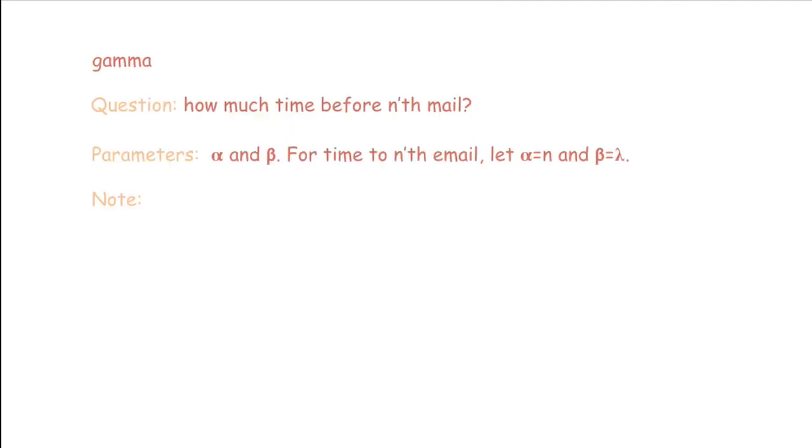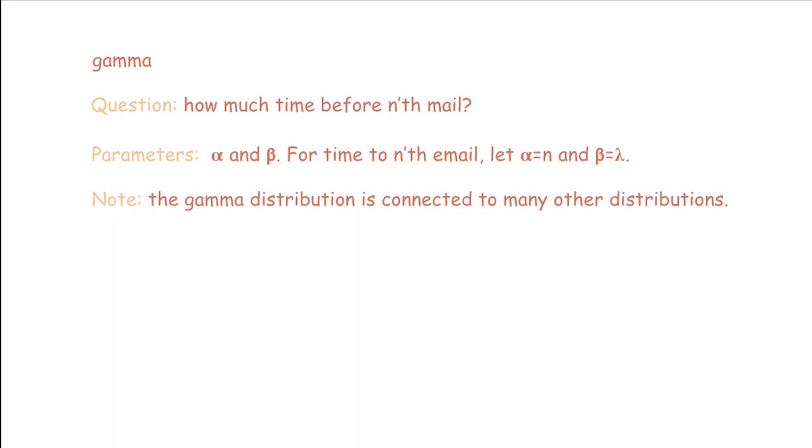Just like the negative binomial was a sum of geometric distributions, the gamma is a sum of exponentials, and we can set the parameters of it accordingly. Note that alpha and beta don't have to be integers, and with different value combinations of the gamma, it can relate to many other distributions, connections that are beyond the scope of this video.